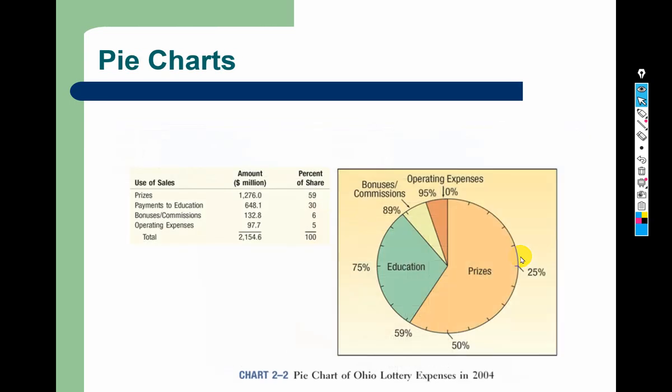Okay? The pie chart almost the same, but in the pie chart we don't have bars. We have one pie, one circle, and dividing that circle into parts for the classes or for the levels of the variable that you have, and the size of the part according to the relative frequency for that level.